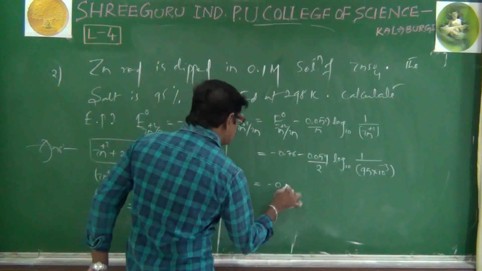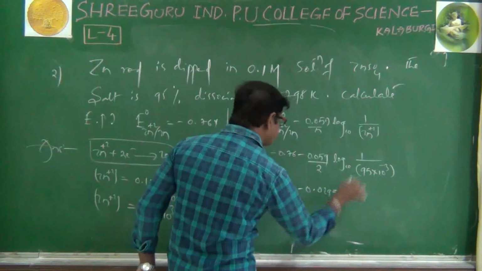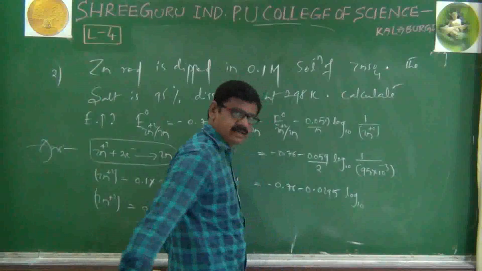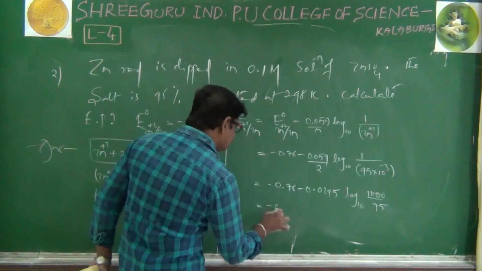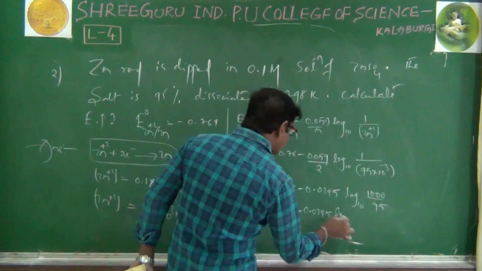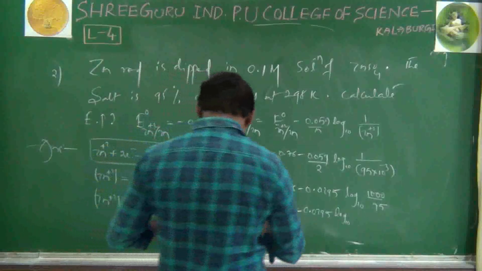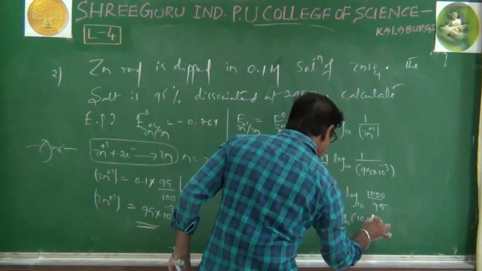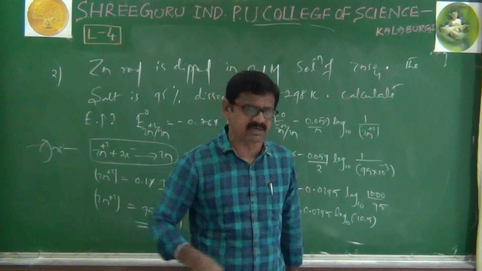That is minus 0.76 minus, and if you divide, 0.0295 log base 10, and if you bring it into the numerator, 1000 divided by 95. That is minus 0.76 minus 0.0295 log 10.5, since 1000 divided by 95 is 10.5. How to see the log values we have learned in the first year equilibrium topic.